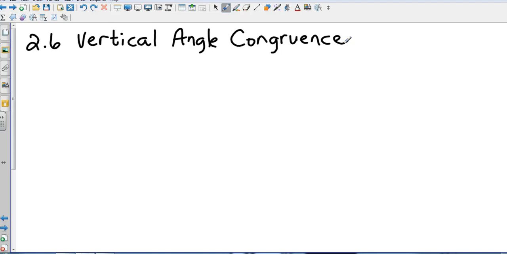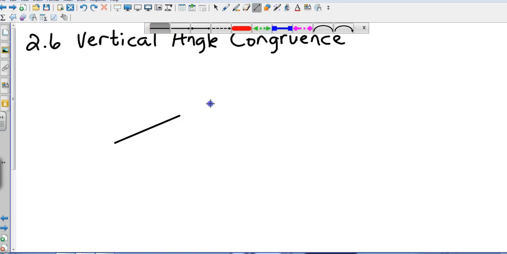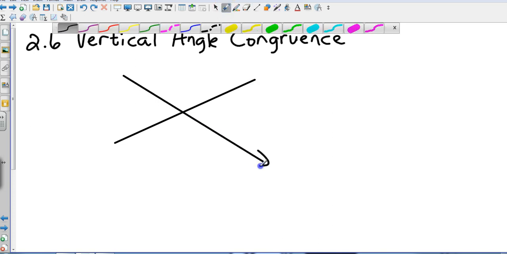Excuse me, I'm sorry. If two angles are vertical, then they are congruent. I was looking at the wrong thing. So if I have this and this, and this is angle 1 and this is angle 2, then obviously angle 1 is congruent to angle 2. So using our vertical angle congruence.